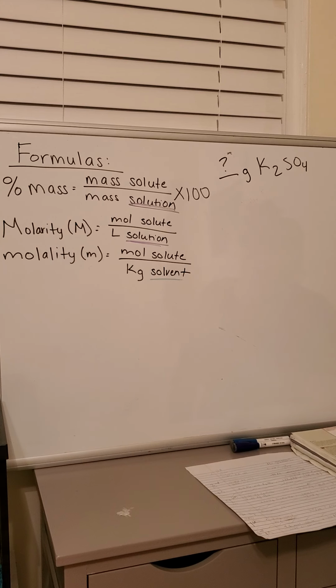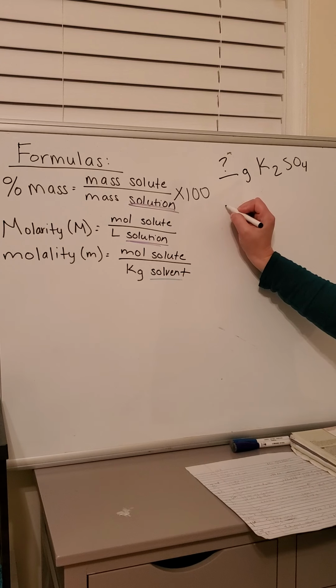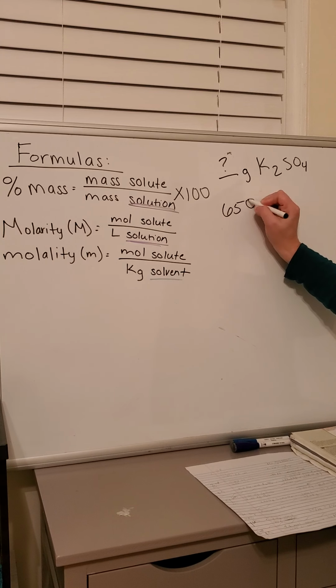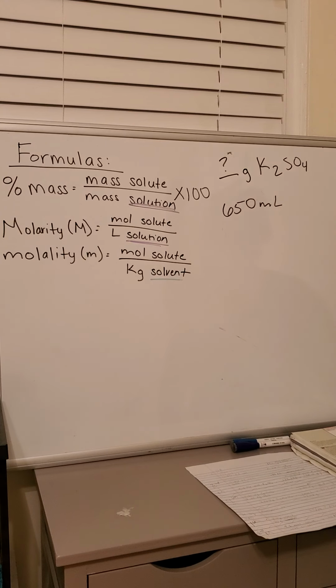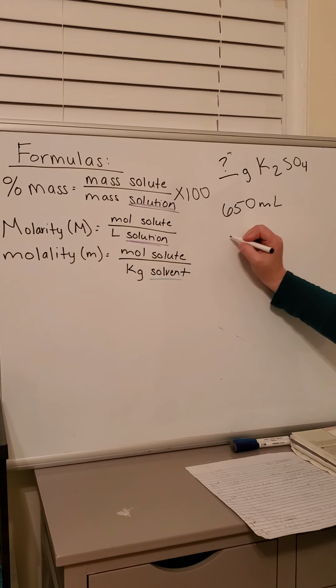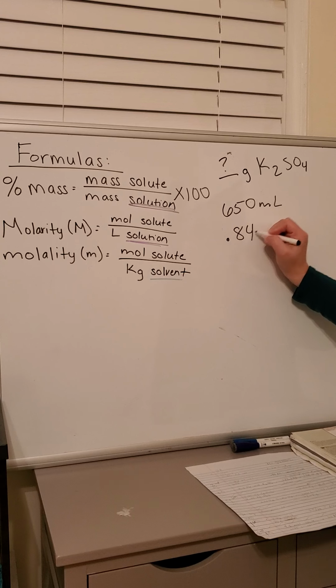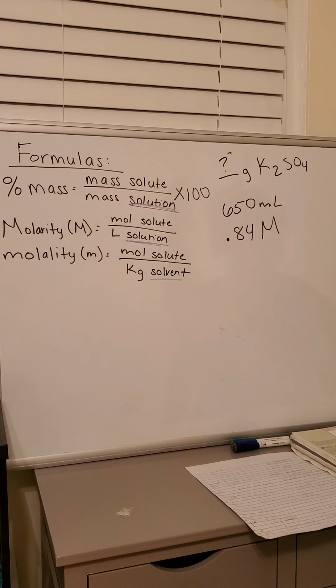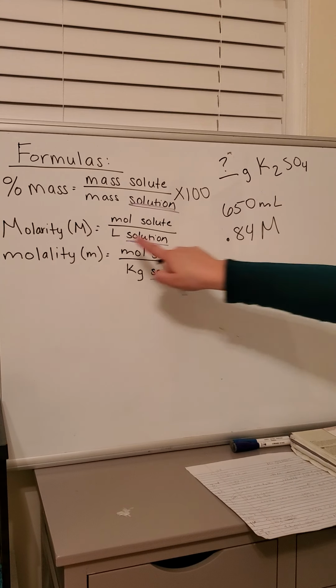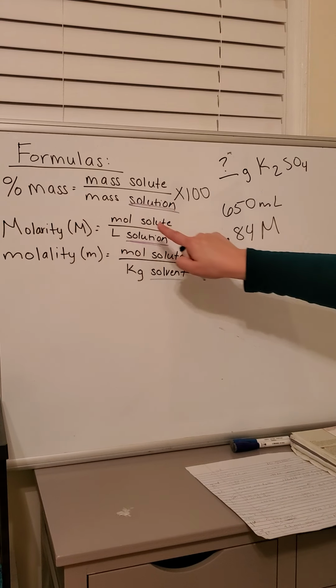So you have 650 milliliters, and you have a 0.84 big M solution. This one is a little bit different because they have given you this number and this number.